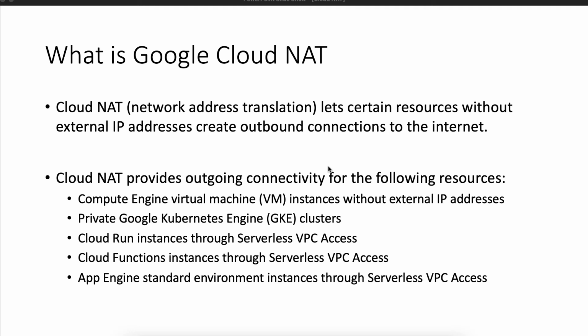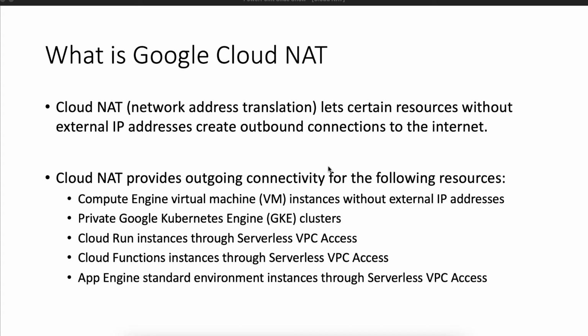So NAT allows you to access the internet. It's one way. It allows you to access the internet from within those resources without having a public IP address. Still, creating NAT does not mean that traffic from the internet can reach your servers. So you are still protected, in that there is no incoming traffic.